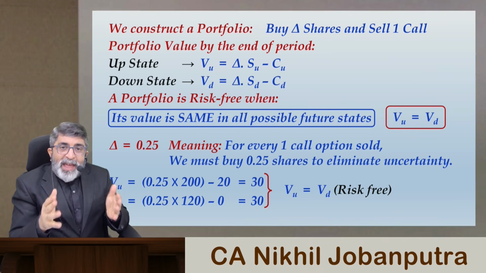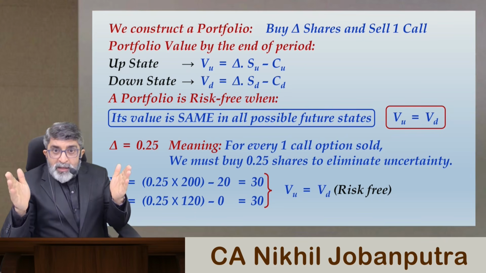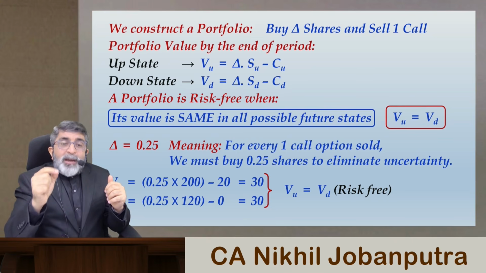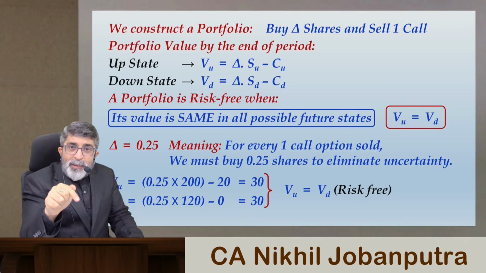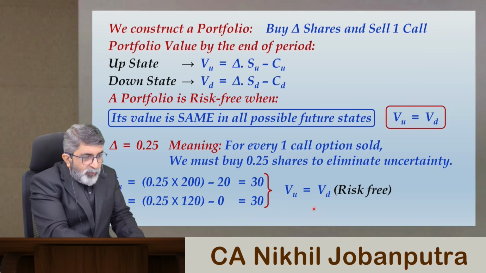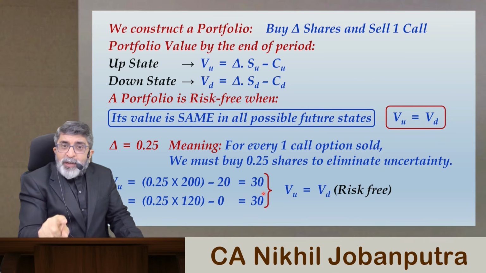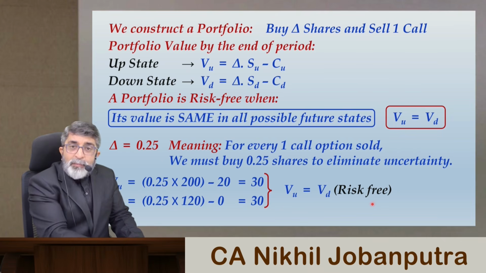So the value of your portfolio could be either VU or VD, but both values are actually the same. So you simply compute the present value of VU or VD, you will land up at V0. So VU or VD both have a value of $30 by the end of the period. Your discount rate is going to be the risk free rate. Why are we using the risk free rate? Because your portfolio became risk free.